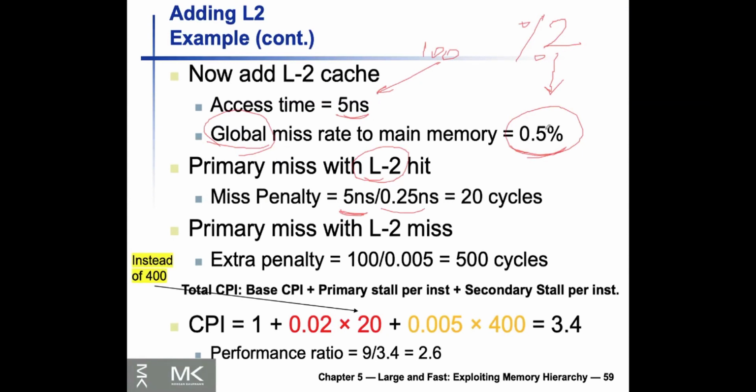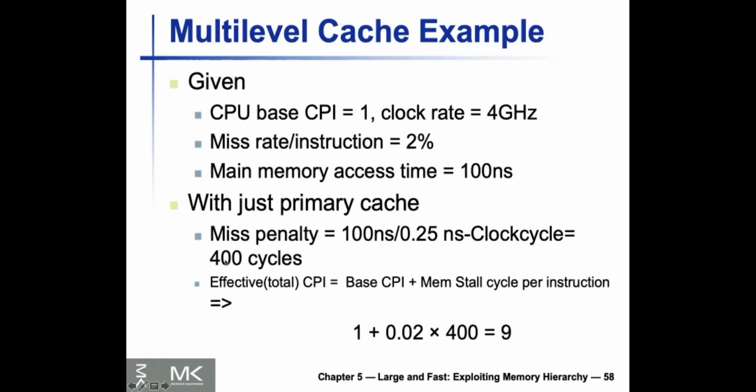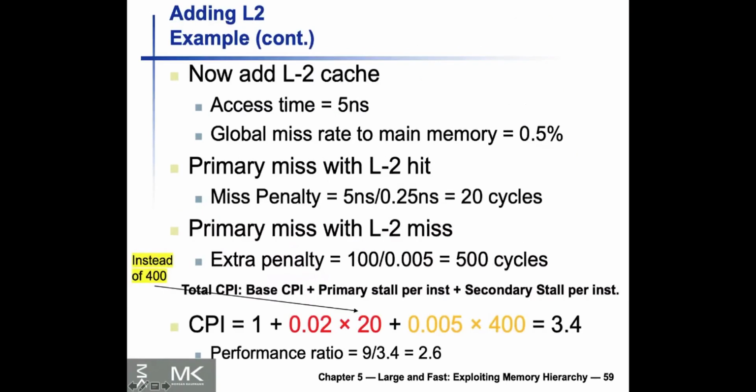So now you see if your L1 misses and you go to L2, instead of paying a 400-cycle price, now you only need to pay 20 cycles. It's much better than having only one level of cache in this case.